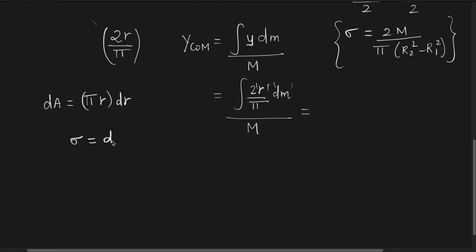You know sigma is dm by dA, so dm can be written as sigma times dA.